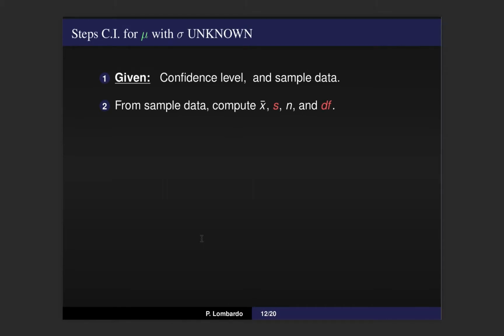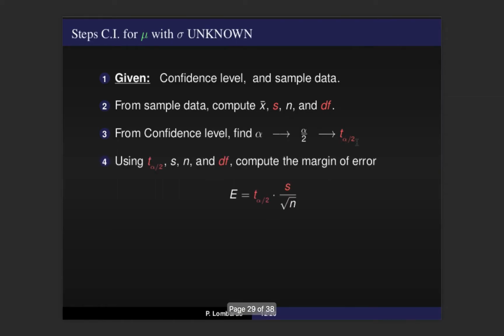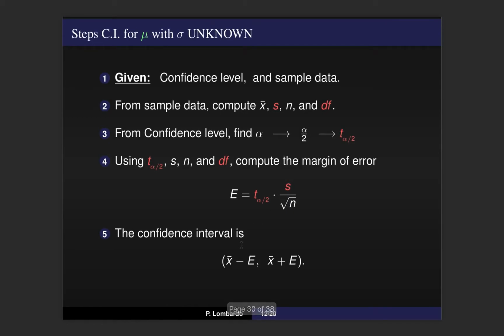Right? Given a confidence level and some sample data, we can compute information about our sample. From the confidence level, we can compute a critical value. Now, in this case, if we're using sample standard deviations in our formulas, we want to use the t alpha over 2. Our margin of error formula looks largely the same, except we have our t critical value times s over square root of n. And then otherwise, we still create our confidence interval in the same way.